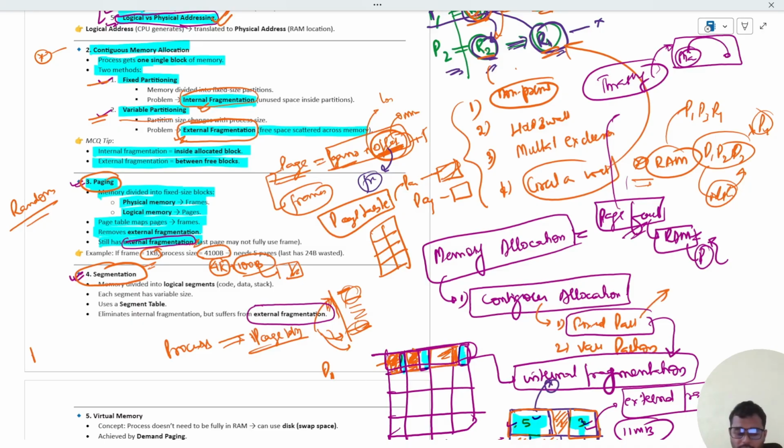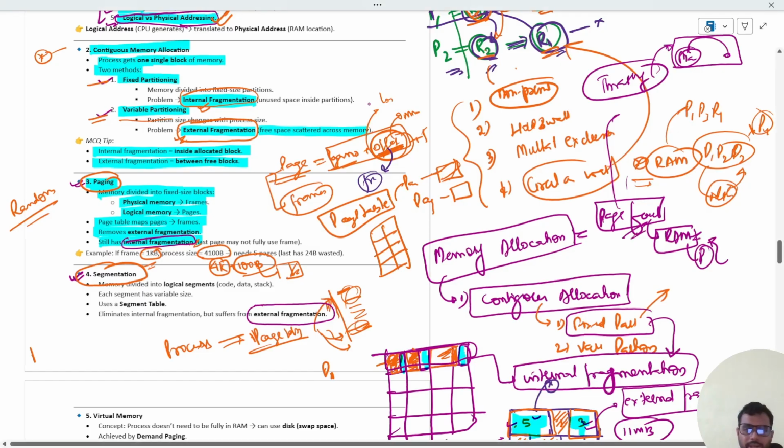That means if too many page faults occur, then instead of executing the process, the CPU spends more time swapping pages from the secondary memory to the main memory, and therefore performance drops. And when will thrashing occur? When you have a large number of processes to be executed, that is, when the degree of multi-programming is high, thrashing may increase.